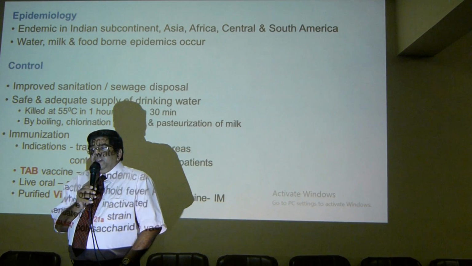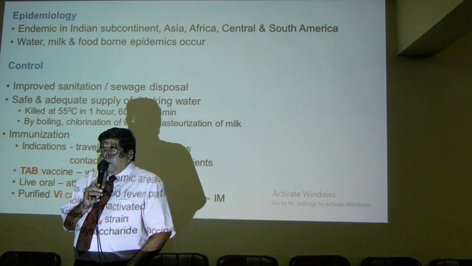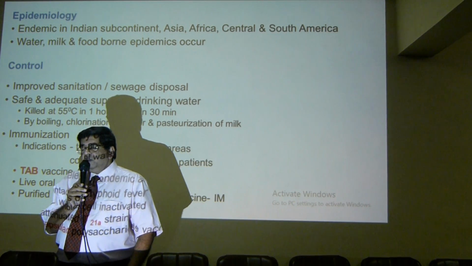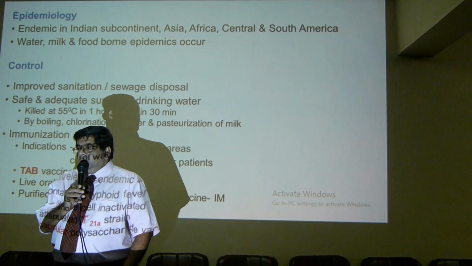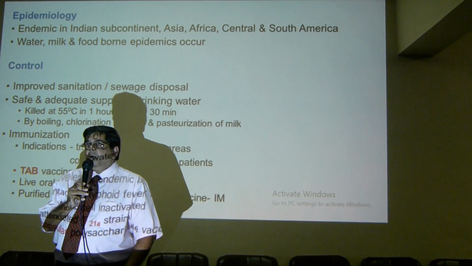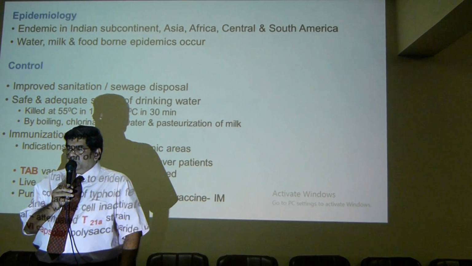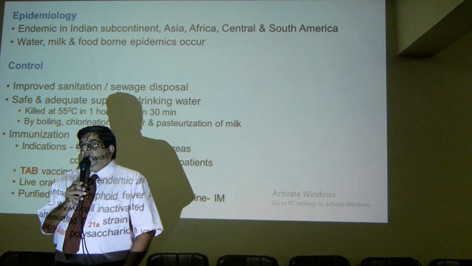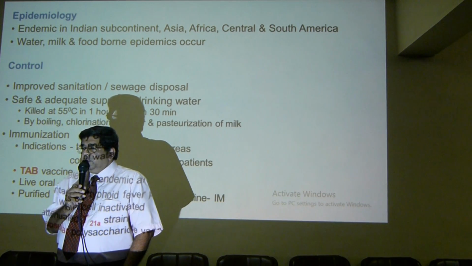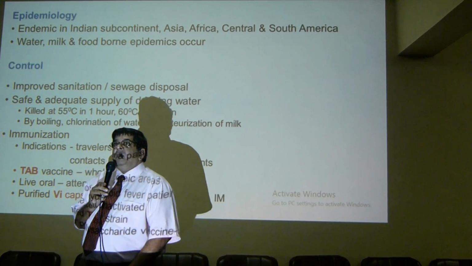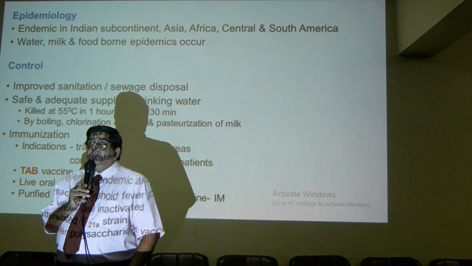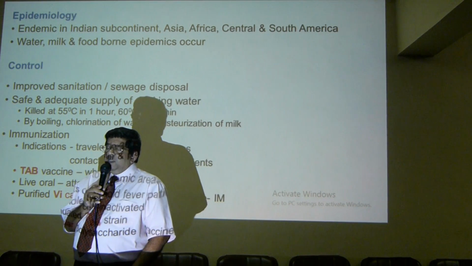Killed at 55 degrees centigrade in 1 hour or 60 degrees in half an hour, boiling, chlorination, pasteurization of milk, all would kill the organism. So therefore, boiled-cooled water, chlorinated water, safe drinking water would be modes to eliminate enteric fever.